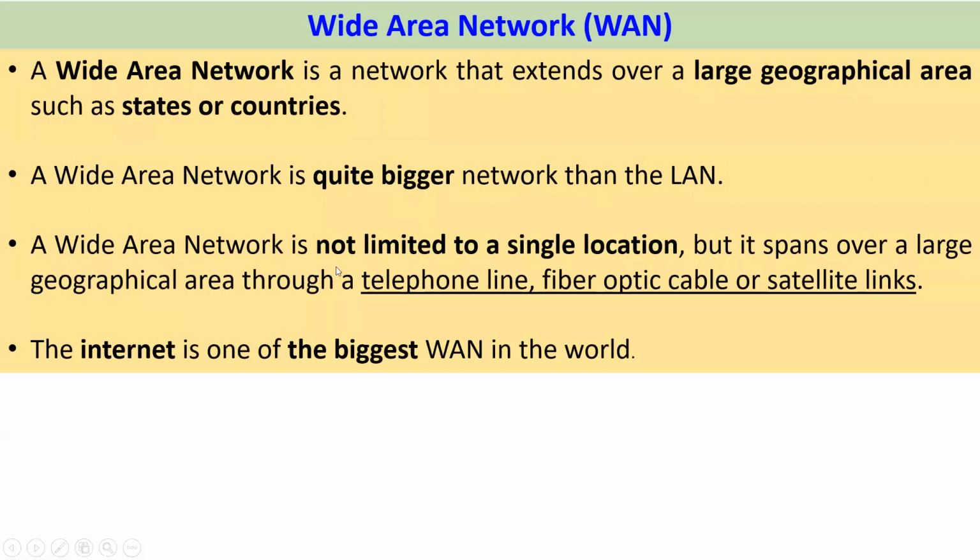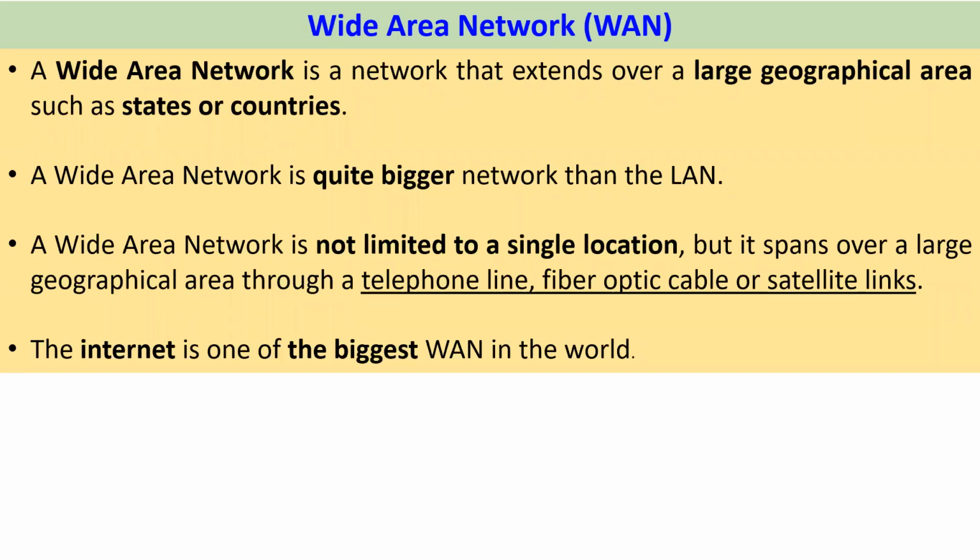A wide area network is not limited to a single location. That is important. But it spans a large geographical area through telephone lines, fiber optic cable, or satellite link. These are the major transmission media they use to establish a wide area network system.